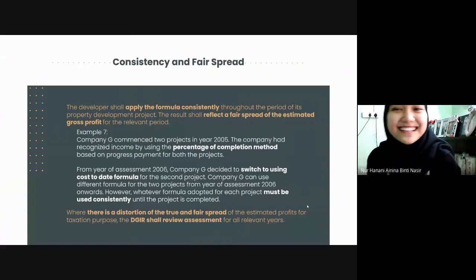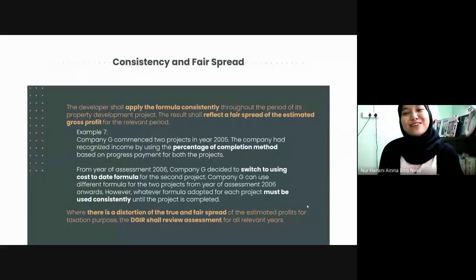Okay, next. Once the income of the property developer has been ascertained, the formula used must be used consistently until the project is complete. So the result should reflect a fair spread of the estimated gross profit. So for example 7, the company G, they commenced 2 projects in year 2005. They use the percentage of completion method to recognize the income.